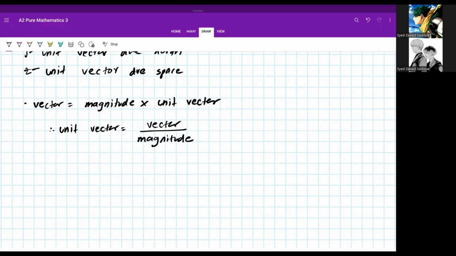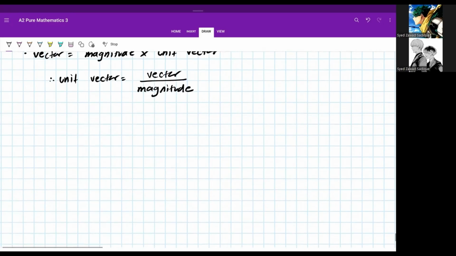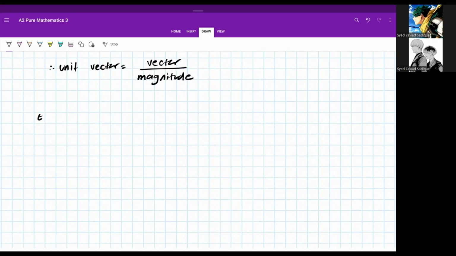All right, let's give an example. Let's say vector V is (P, Q, R).